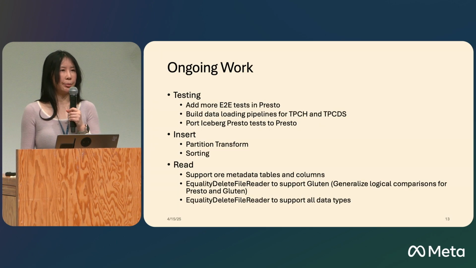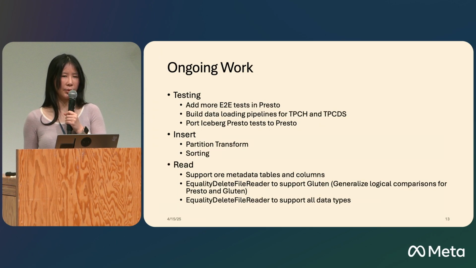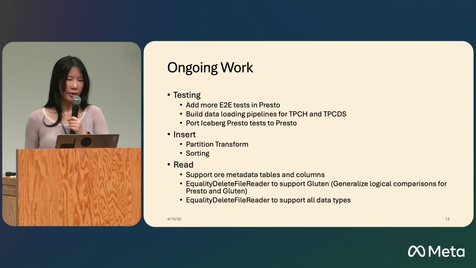So far we support 2 metadata columns in reading, which are path and, I forgot the other one, and these 2 are constant columns. If you want to read a row number, for example, or which row is deleted, then that needs additional work in Velox's part.